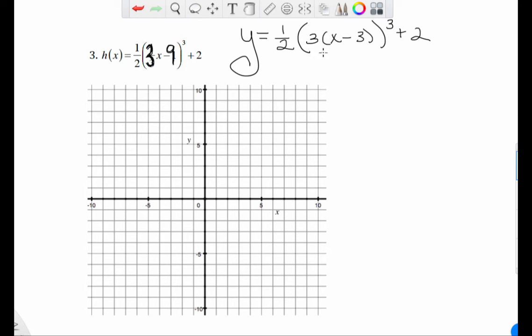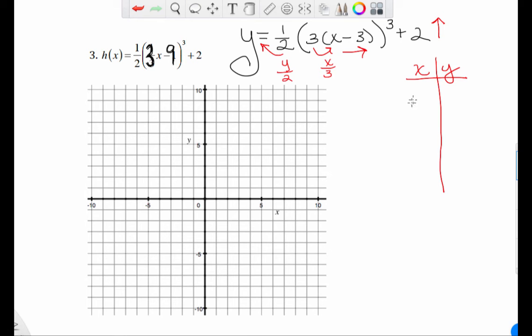All right. That's a shift up 2 units. That's a shift to the right 3. The 3 is going to take our x value and divide it by 3, and this 1/2 is going to affect your y value and divide your y's by 2. It's going to half those y's on your original table.